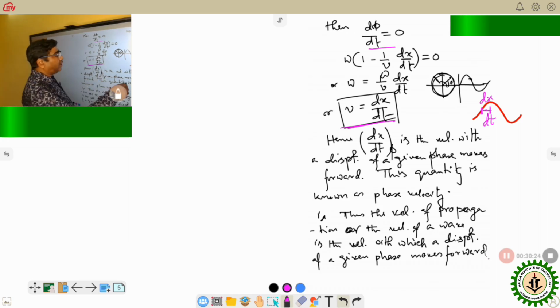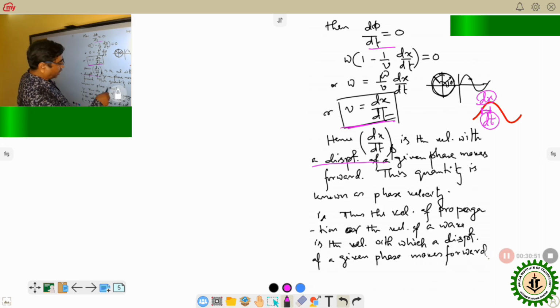So any kind of spreading is only possible for a wave. That's why we name it the phase velocity of a wave. Here dx by dt, with constant phase, is the velocity with which the displacement of a given phase moves forward.